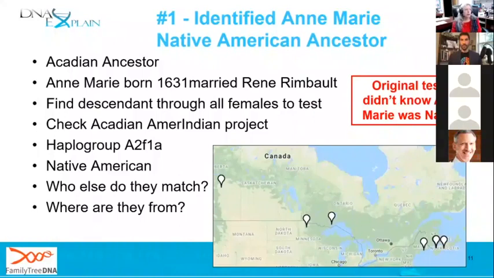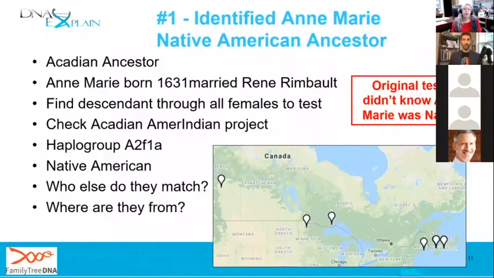And Anne Marie was born in 1631 and married Rene Rimbaud. And this person who actually took the original test did not know that Anne Marie was Native American, but she took a test and she discovered that Anne Marie was A2F1A and that she's Native American.